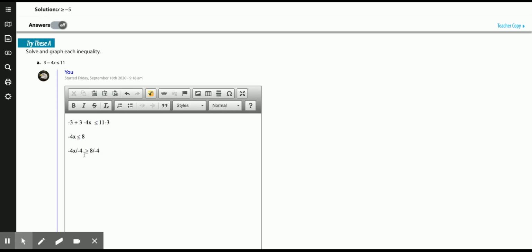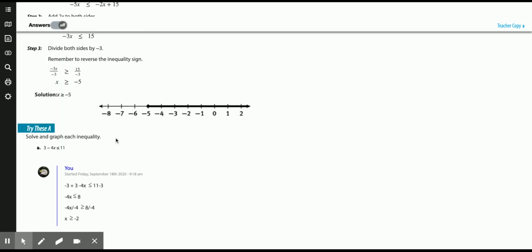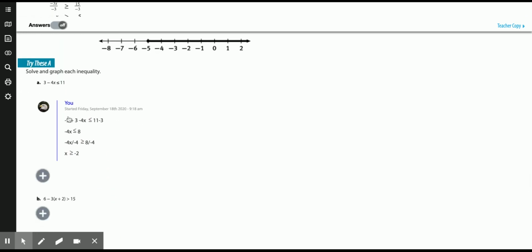I flip the sign when I'm dividing by a negative or multiplying by a negative. And that'll leave me with x is greater than or equal to 8 divided by negative 4, which is negative 2. So that is the solving part.